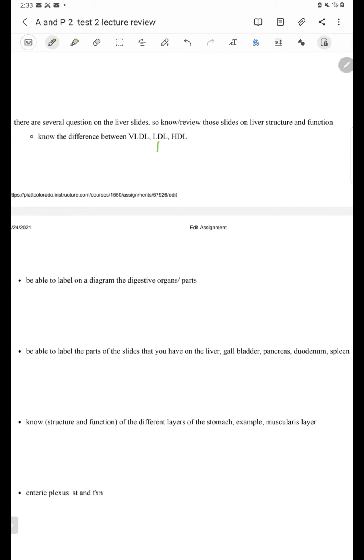Eventually, the LDLs are released from the liver, and they carry cholesterol, which is deposited to the body. If there's excess cholesterol, your HDLs come in and collect all of that and bring it back to the liver. So that's why the HDL is known as the good cholesterol, because it picks up the excess cholesterol floating around in your body.